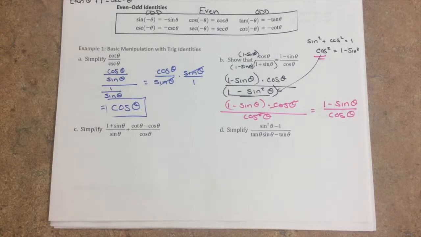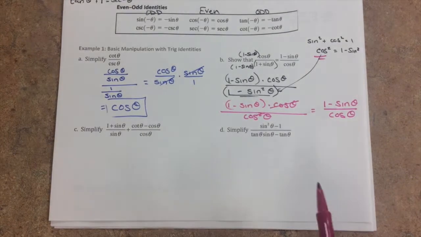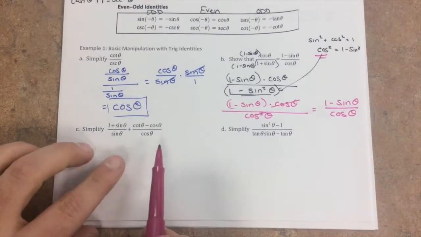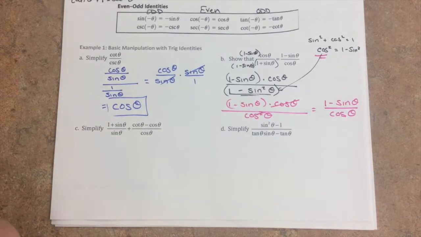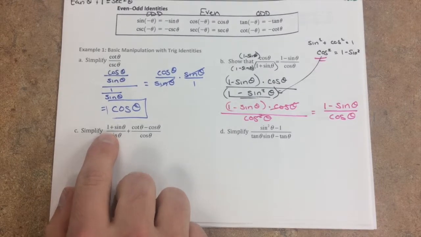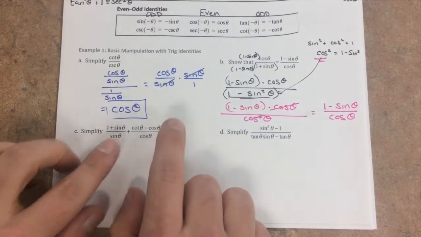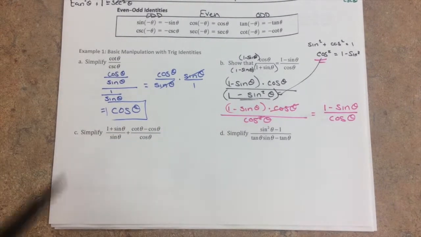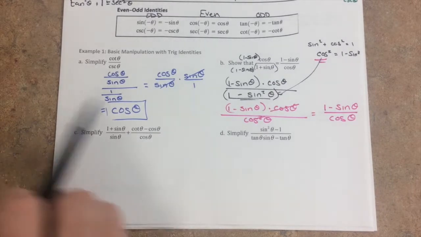C. Let's see what we can do. I want to simplify, which means I want to have a common denominator. Okay, so this one needs a cosine, this one needs a sine. Before I do that, let's just do it in black.